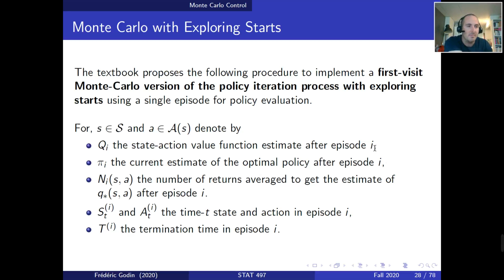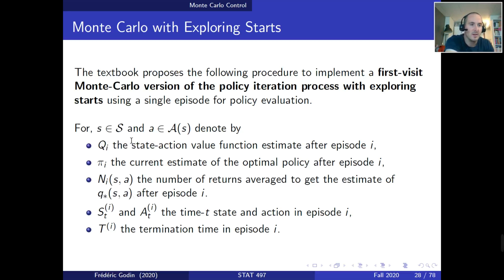Here i always stands for the episode. And N_i(S,A) is the number of returns which were averaged to get the estimate of the optimal state action value function after episode i. So the estimate of Q star (S,A) is simply Q_i.